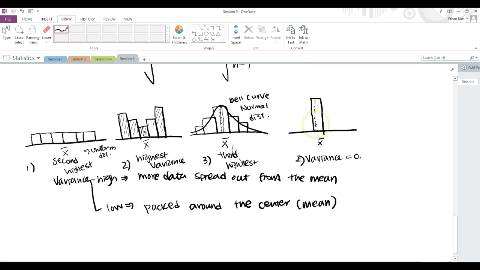So there is no variance. If you just look at this formula, square, and then you sum it up over n minus 1. Essentially here it's all 0, because each observation minus x bar, the mean, is always the same. So this part is 0 and it has the lowest variance.